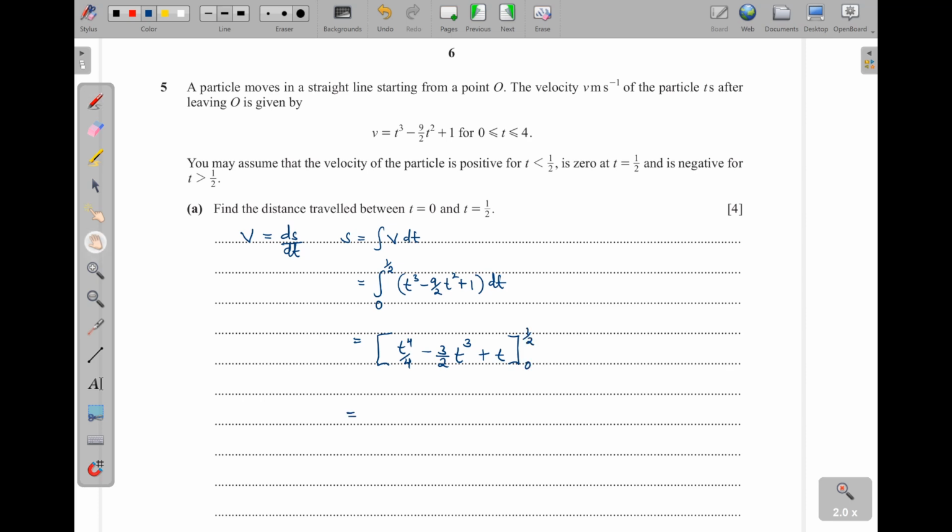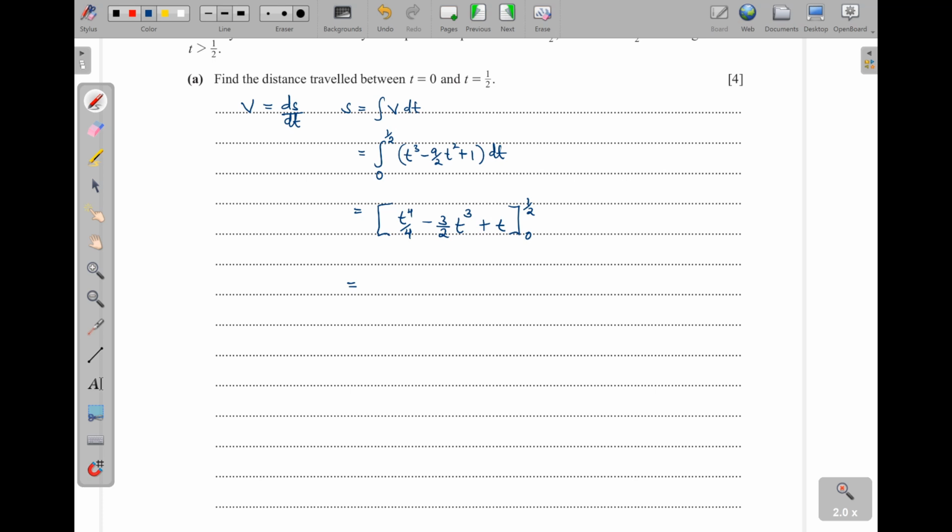Then we put the limits. So we put a half here, a half power 4, divided by 4, minus 3 over 2, a half power 3, then plus a half. Then after that, put a minus, go to the lower limit. Of course, everywhere there is t, that will be a 0. Now, what do we get? I can just put everything in the calculator.